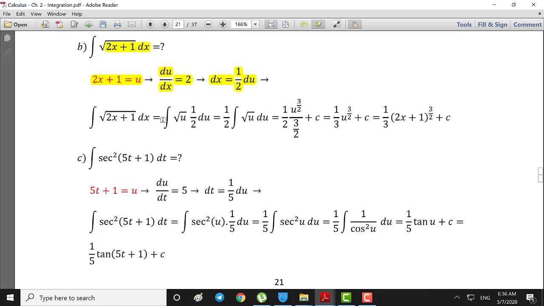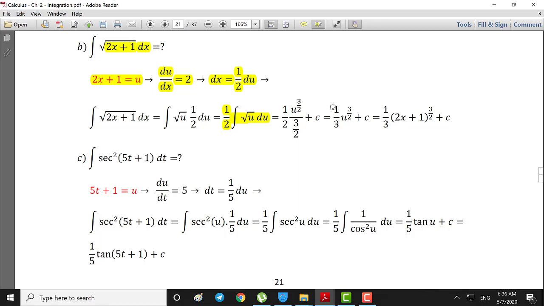Now, this integral is equal to what? This integral is equal to 1 over 2, the integral of the square root of u du. And this one can be easily calculated. The integral of the square root of u, which is equal to u^(1/2), is equal to 1 over 2 times u^(3/2) over 3/2 plus c.